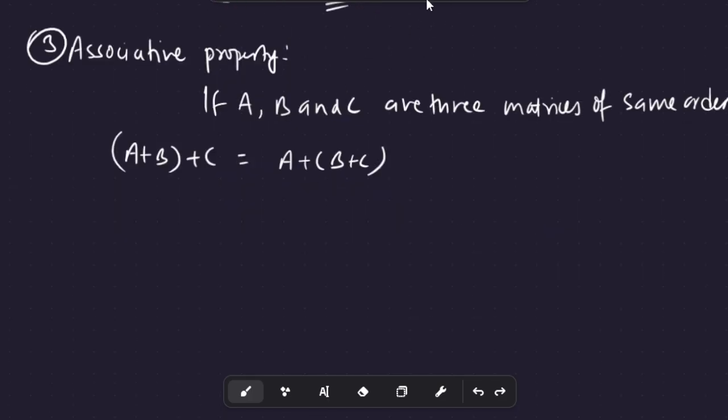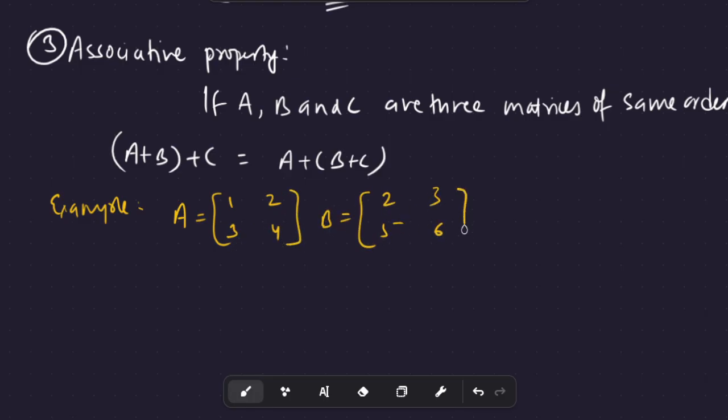Like for example, A equals [1, 2; 3, 4], B equals [2, 3; 5, 6], and C equals [7, 8; 9, 5]. Okay, these are the three matrices.